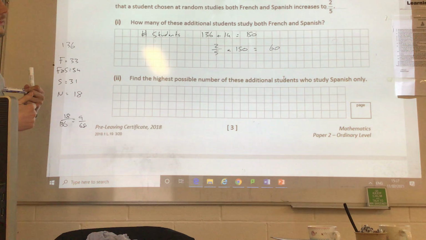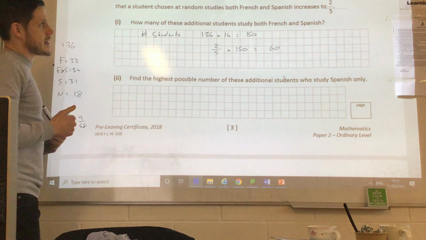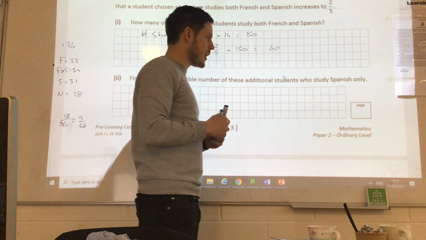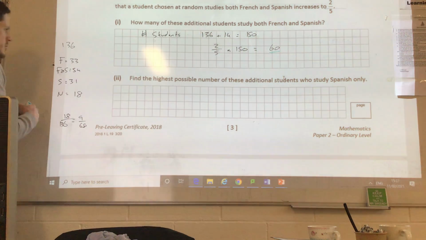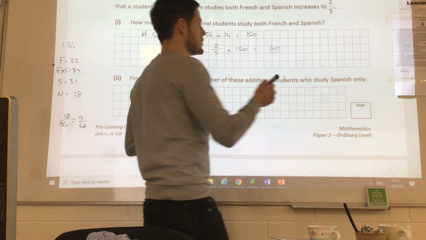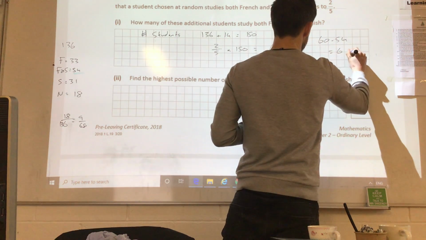Now, the question is a little bit poorly asked here. It says, how many of these additional students study both French and Spanish? Well, 60 is the overall amount of people that study both French and Spanish, but the original number was 54. So the question's actually asking us to take them away from each other, which is 6 new students.